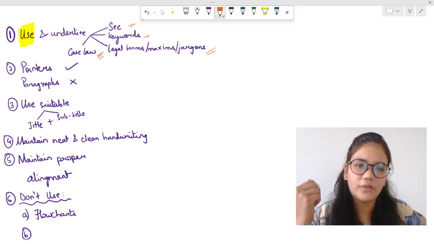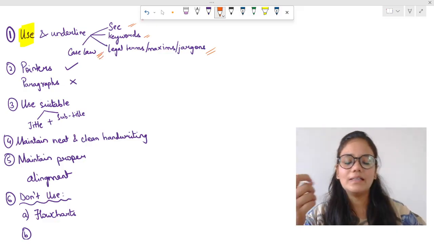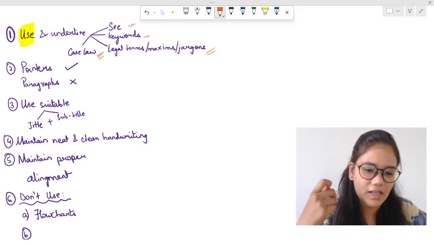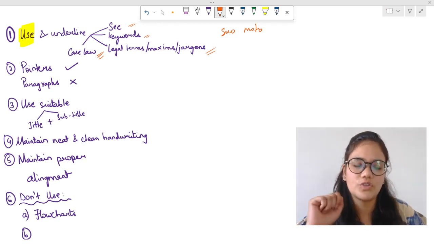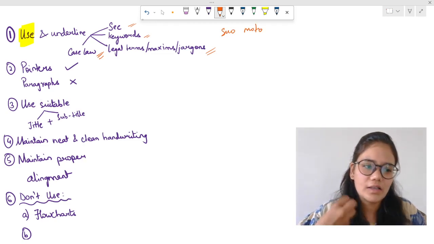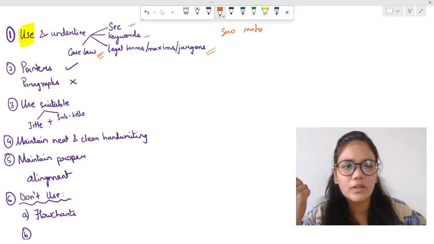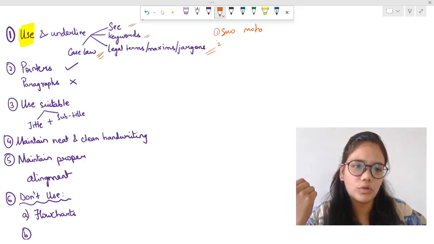Case law, so I don't have to tell you what a case law is. Legal terms, maxims and jargons. Understand this. Say I have a term called suo moto. You saw this in your question paper also. Suo moto means on its own, by its own. So you have to use something like suo moto.